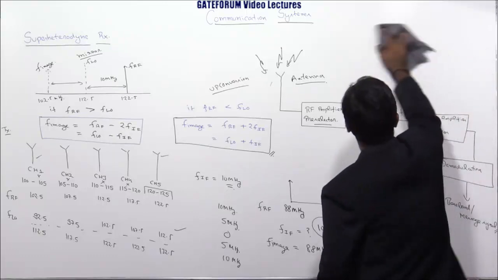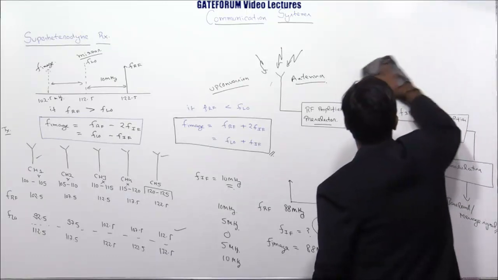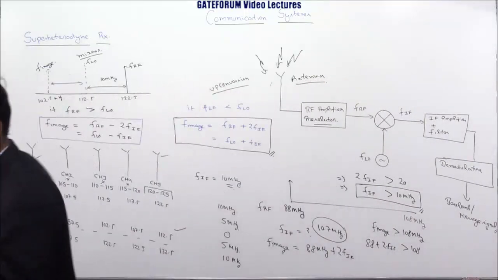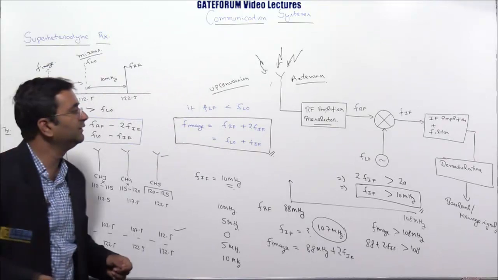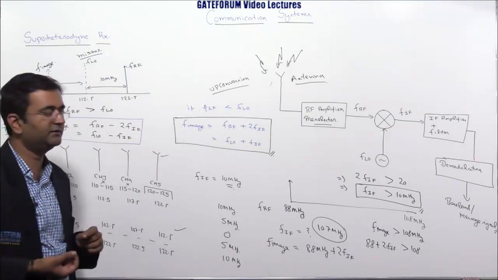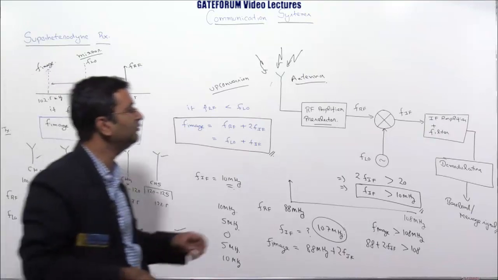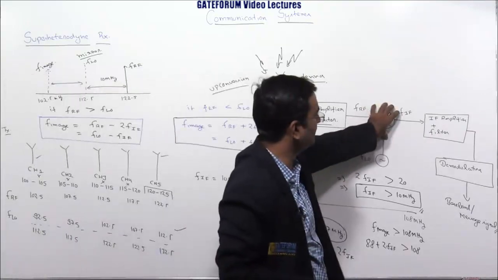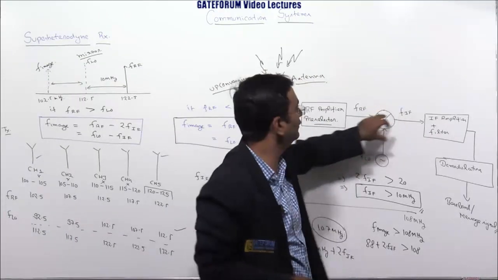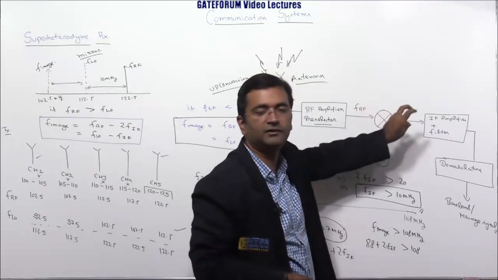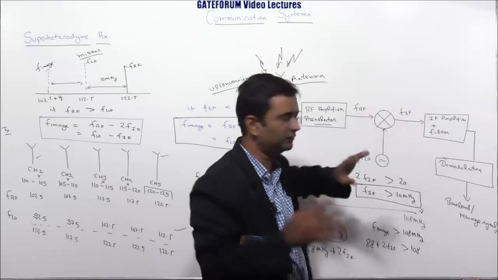Why it is called super heterodyne receiver: in any circuit working at the microwave frequency range, if I use only a mixer, only this part, then it is called heterodyning, because these are two different frequencies and you're trying to mix two different frequencies. That's why the name heterodyning, hetero.